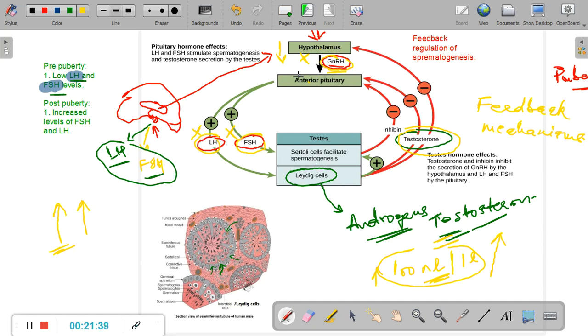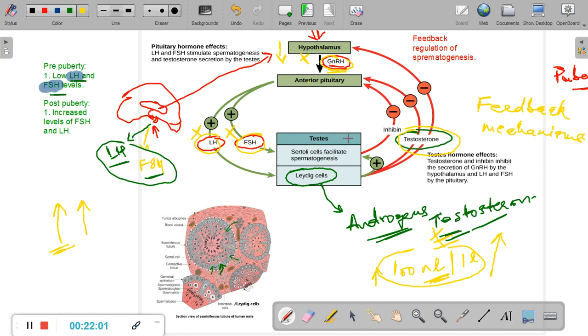And anyways, testosterone is also telling the hypothalamus, don't make this. If GnRH is not made, there will be lesser LH and FSH. But testosterone is also telling the anterior pituitary to reduce the production of LH and FSH. Now, if LH and FSH are produced in lesser amounts, Leydig cells will produce less testosterone.